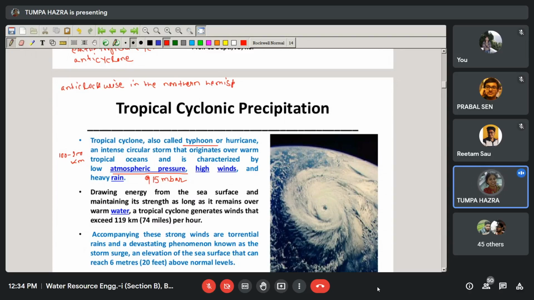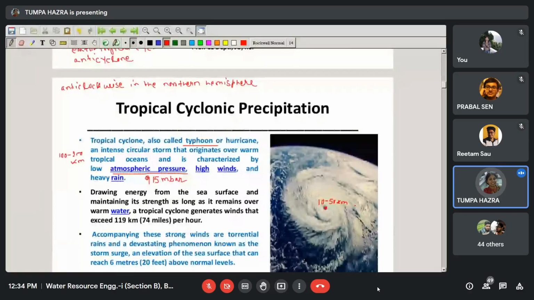Okay, now the center of the cyclone is known as the eye. This extends from 10 to 50 kilometer in diameter and will be relatively quiet.